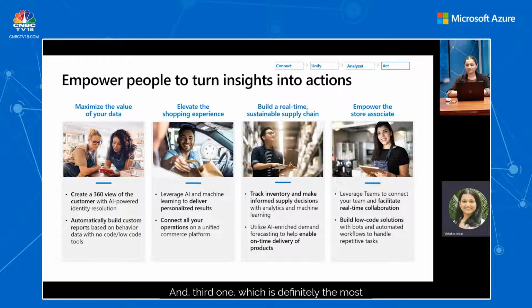And the third one, which is definitely the most important pillar of our retail industry, is to build a real-time sustainable supply chain. There are different applications which you can leverage, for example, Dynamics 365 e-commerce. With the help of all these applications, you can build your sustainable supply chain.